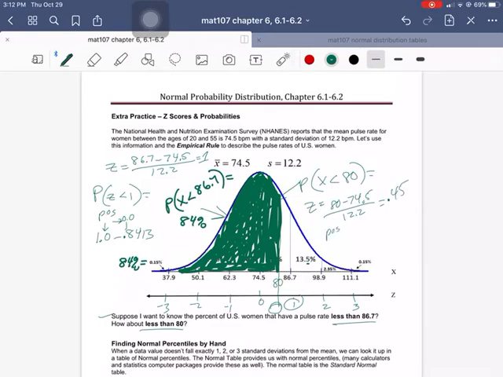And if you go to the positive table, you go down to 0.4 and you go over to 0.05, you're going to get 0.6736, okay, or approximately 67% of women have pulse rates less than 80, okay?